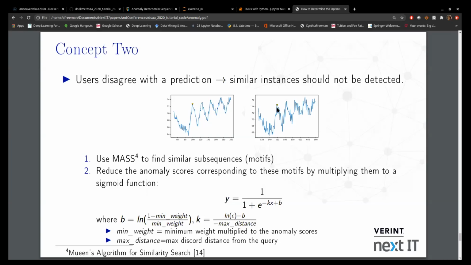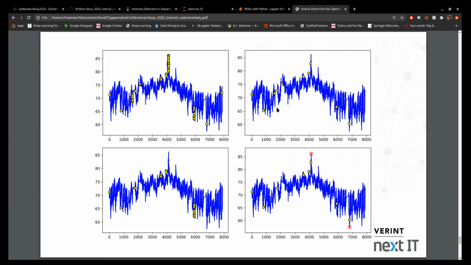The minimum weight multiplied to the anomaly score is set by min weight, and how quickly the sigmoid function converges to 1 is determined from the max discord distance from the query, max distance, also determined by virtue of us already using MASS. So let's consider a quick visual example.